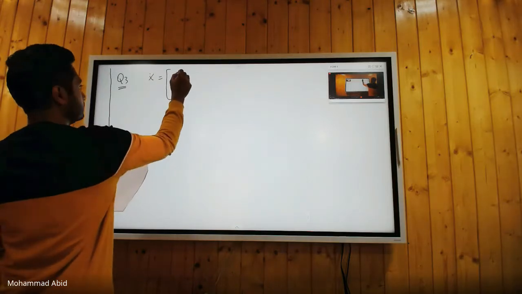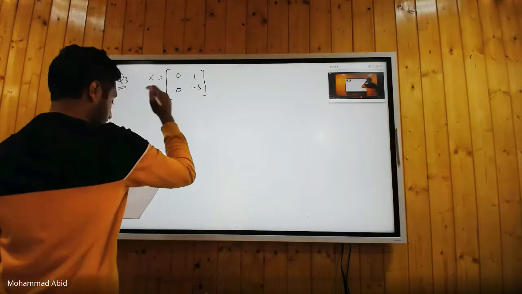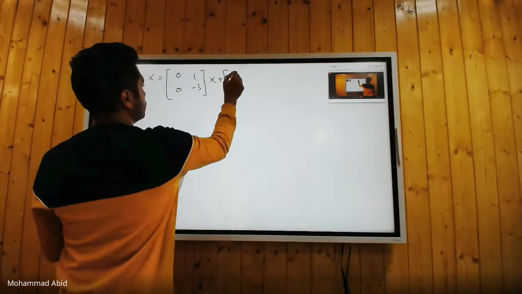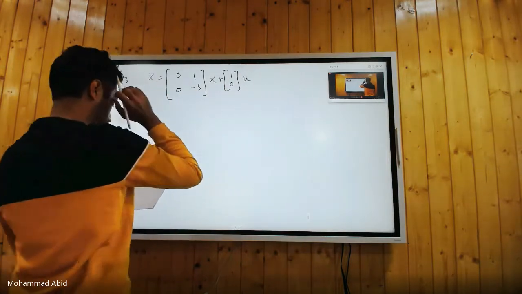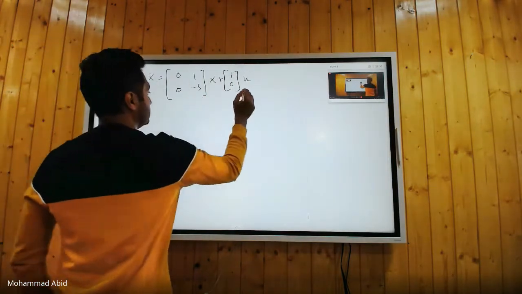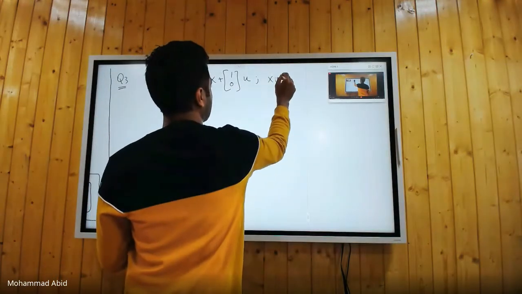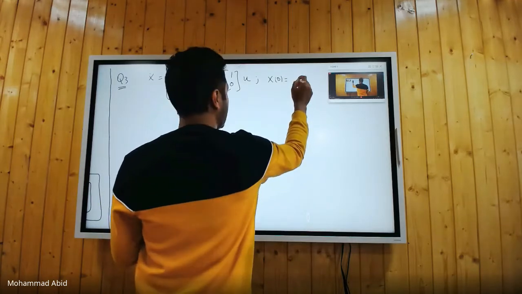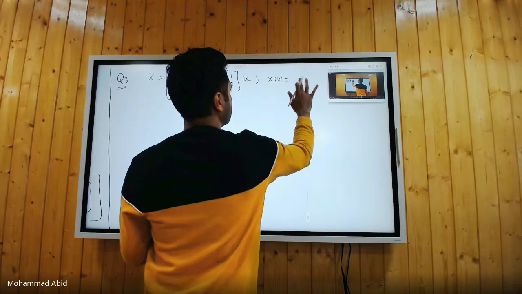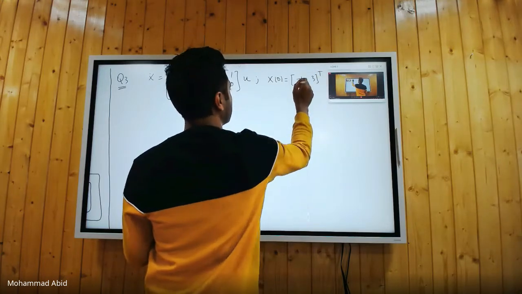So let me write the dynamics. x dot equals [1 -3] x plus [1 0] times u, and x0 is [-1 3] transpose.